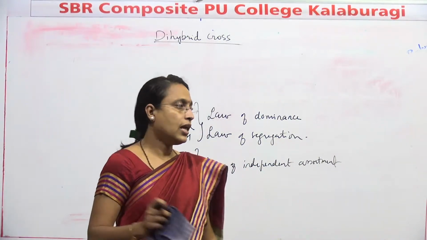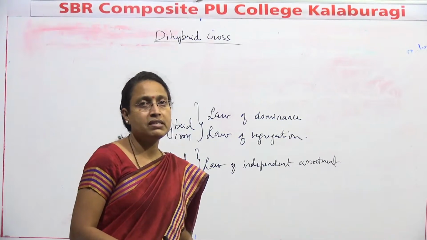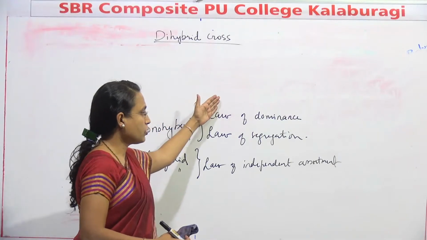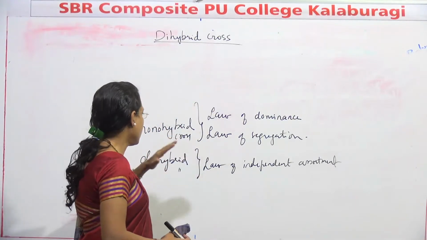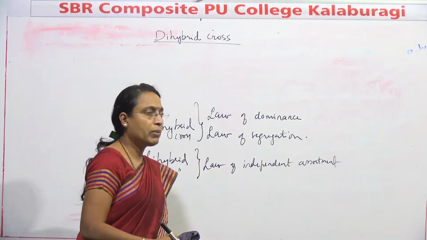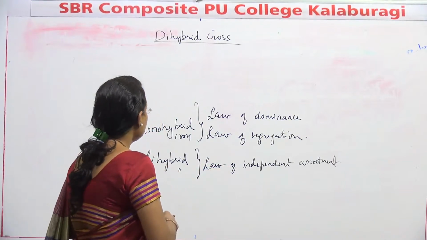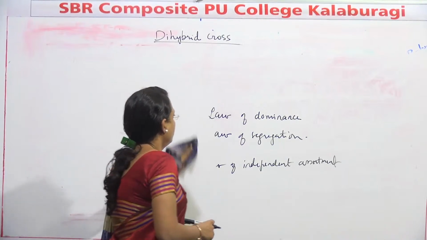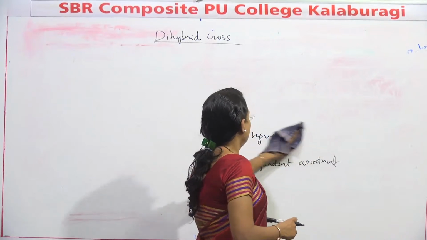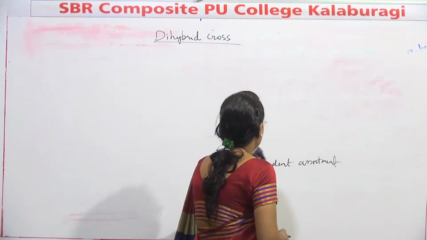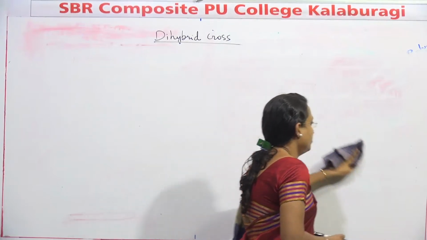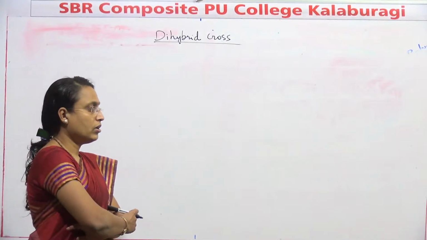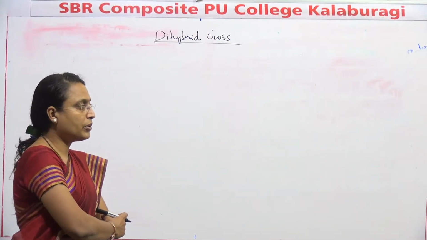So one should know which cross helped to establish which principles. The monohybrid cross establishes dominance as well as the law of segregation, and the dihybrid cross establishes the law of independent assortment. Then I'll be explaining test cross, that is, the dihybrid test cross.